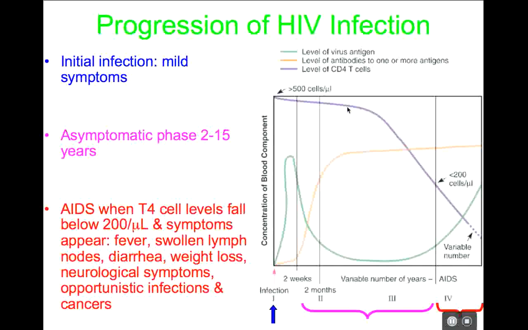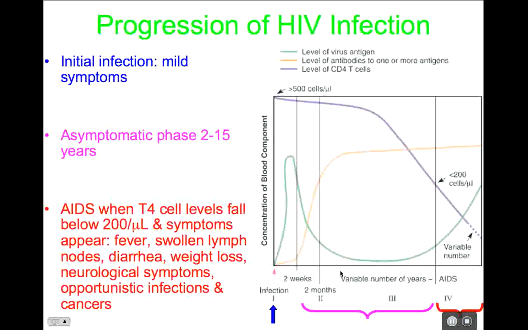What's the magic number? It turns out that the magic number is 200 T helper cells per microliter of blood. As long as your immune system has 200 T helpers per microliter or more, your immune system will largely work. If you drop below the 200 mark, the immune system stops working. That seems to be the number of T helpers you've got to have for your immune system to function.